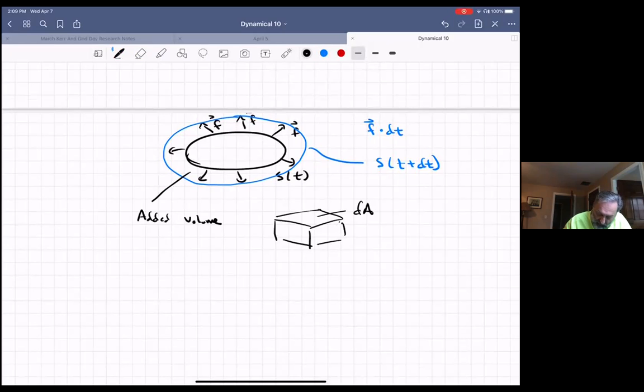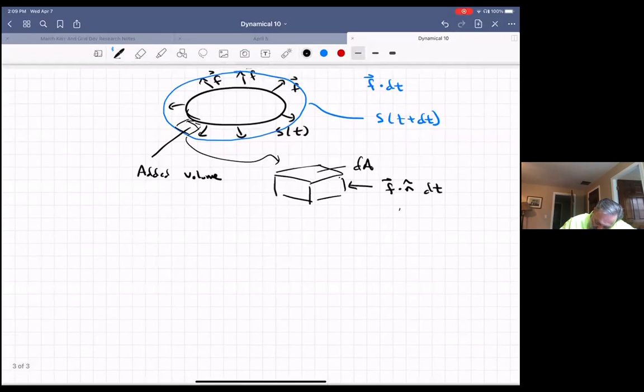Right, so let's suppose I have a little piece of it here, right? This is my little three-dimensional piece, right? And the height here is f dot n hat dt. So how much you bump out. So f dot n hat is the extent that the flow was perpendicular to the surface.